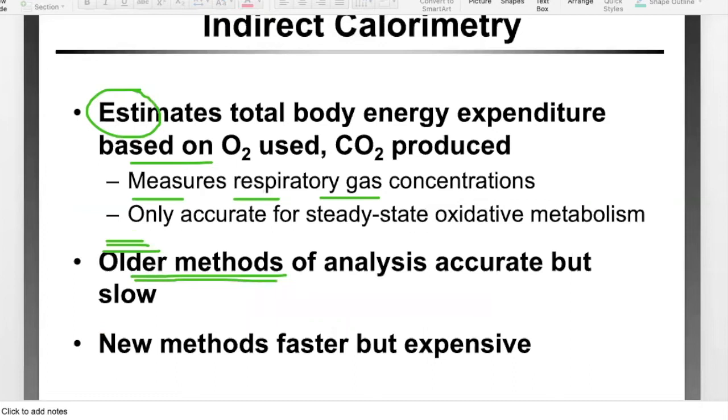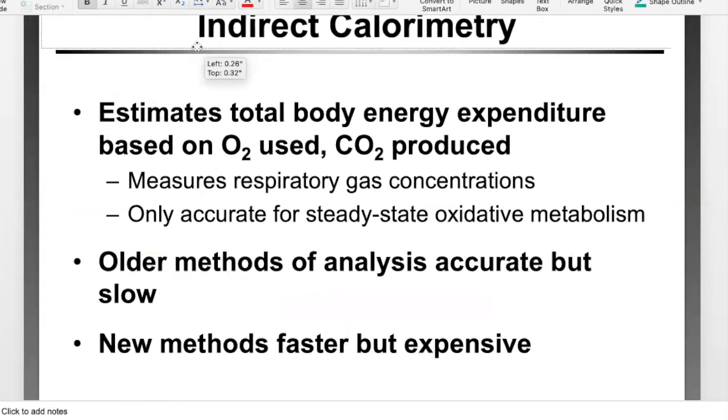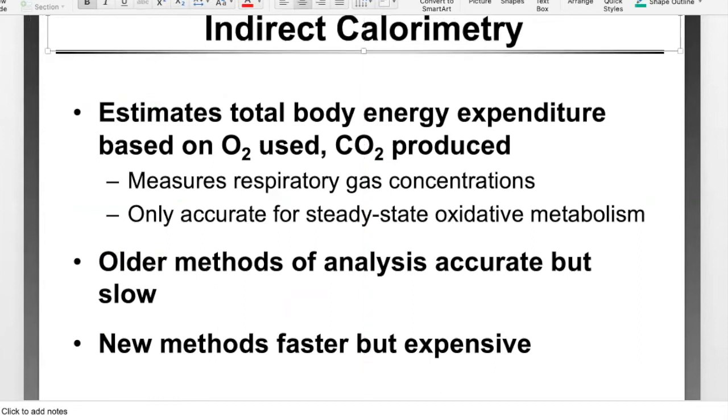So what we're going to do is we are going to measure things indirectly. And the way to indirectly measure calories that are expended is through the byproducts of the energy that we're spending. And when I burn energy, usually what's going to happen is I'm going to be producing carbon dioxide and I'm going to be using oxygen.